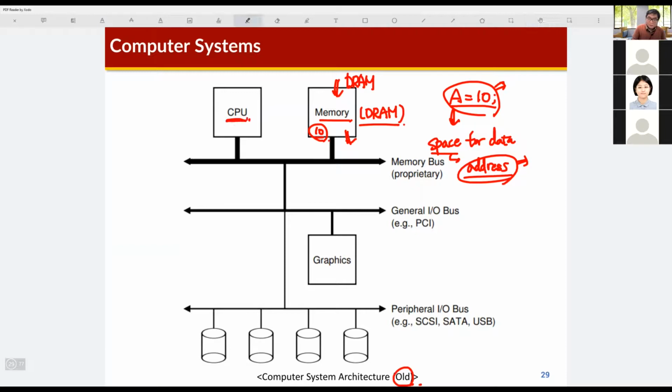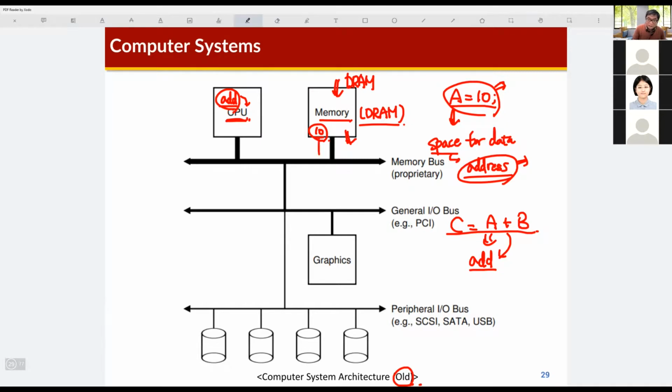Then the CPU will compute the data stored in this memory, like C equal A plus B. That means the computer performs the add operation, like plus. This add operation is performed inside of the CPU. So what is required?